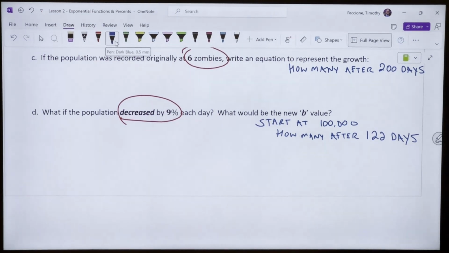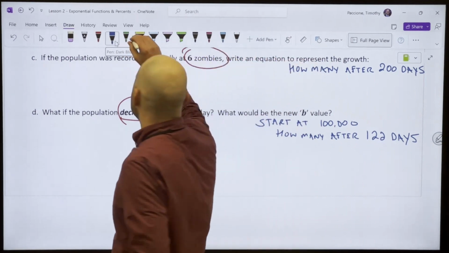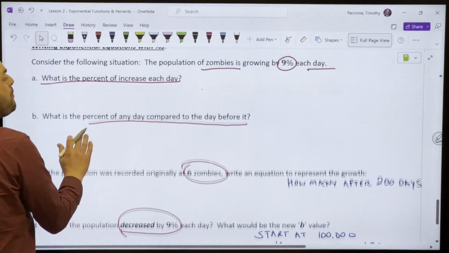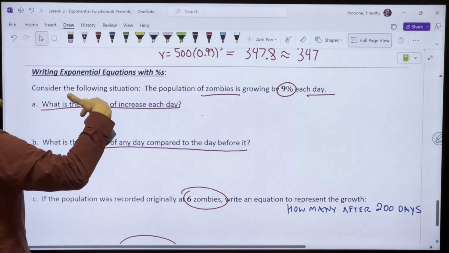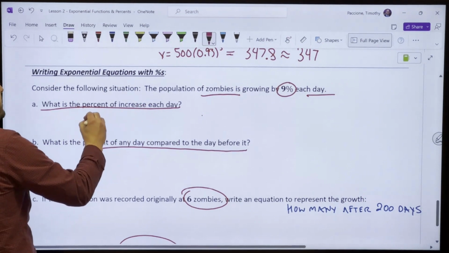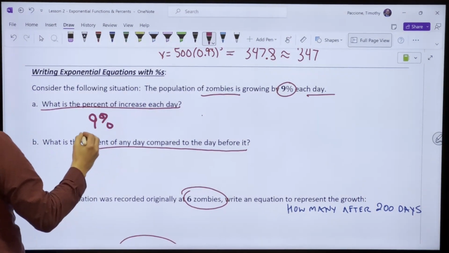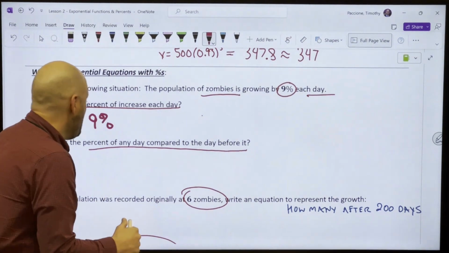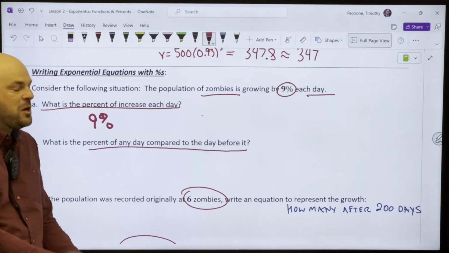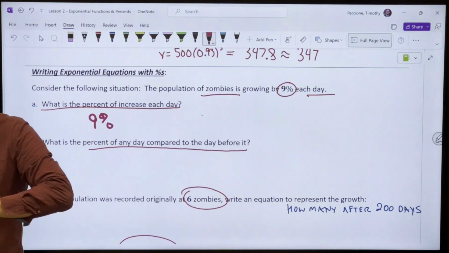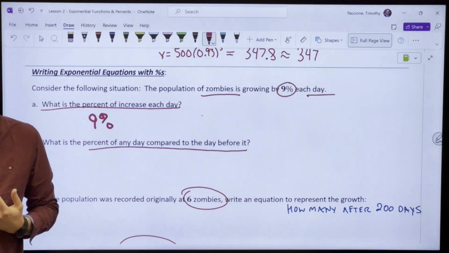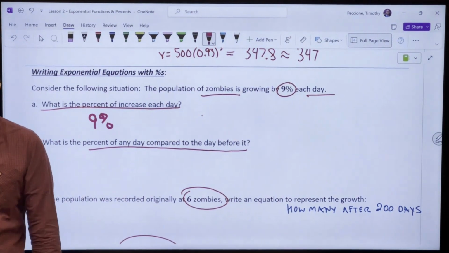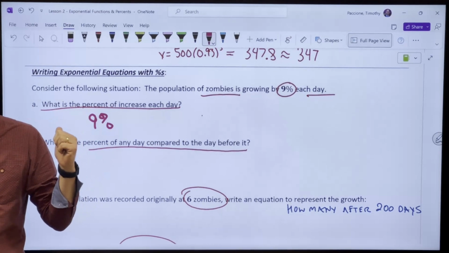All right, let's go over the answers real quick. Ready? Okay, so what's the percent of increase each day? 9%. So that means what percent is any day compared to the day before it? 109%. So compared to yesterday, there are 109% zombies out there, right?